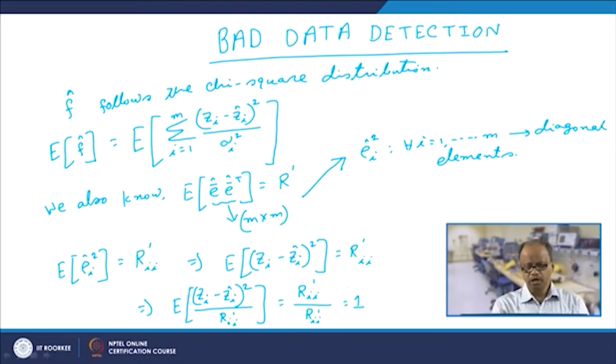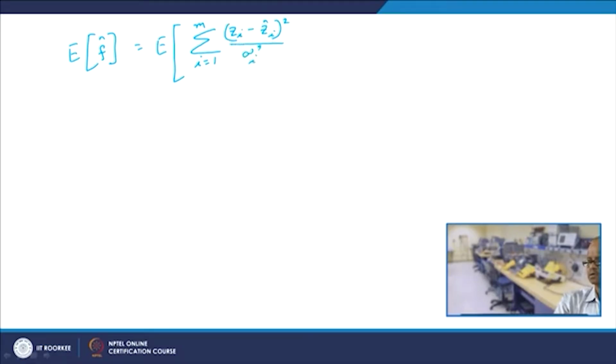Now, if I utilize this in this expression, what do I get? We get the expected value of f hat. So, the expected value of f hat is the expected value of the summation i equal to 1 to m of (z i minus z i hat) square by sigma i square, that we have already seen.